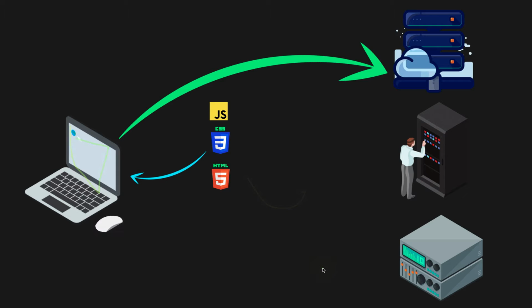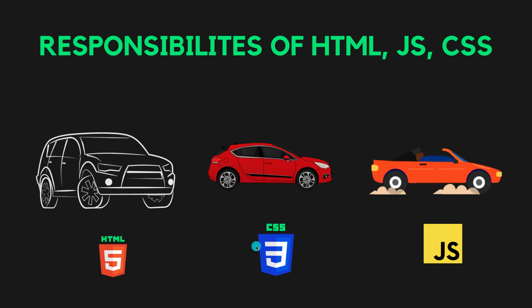Now that we know we've got back the response, and what the server gave us is HTML, CSS, and JavaScript, how do all these things come together to make a website? That is what we're going to discuss in this particular video.